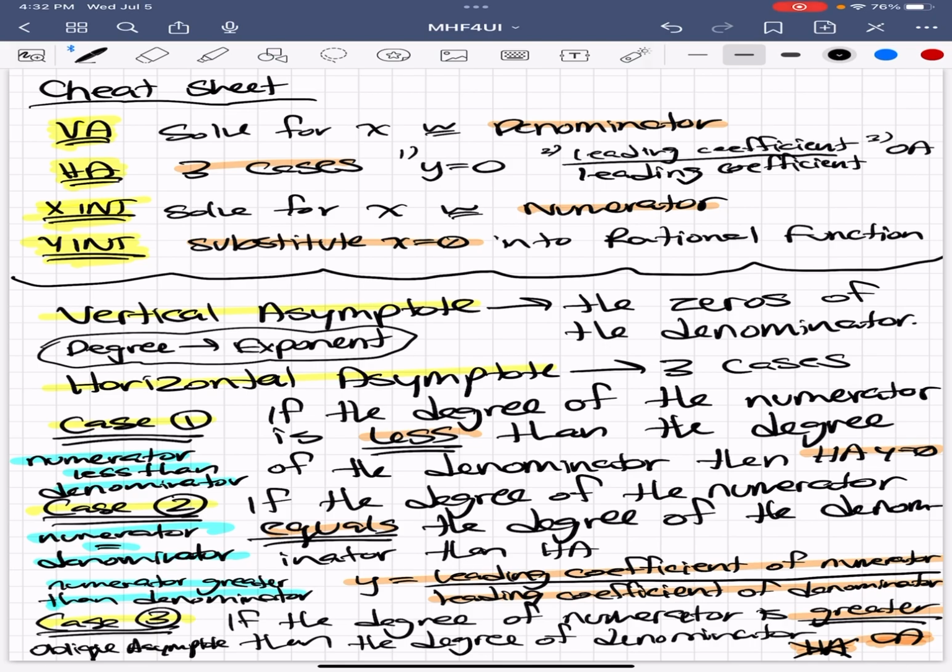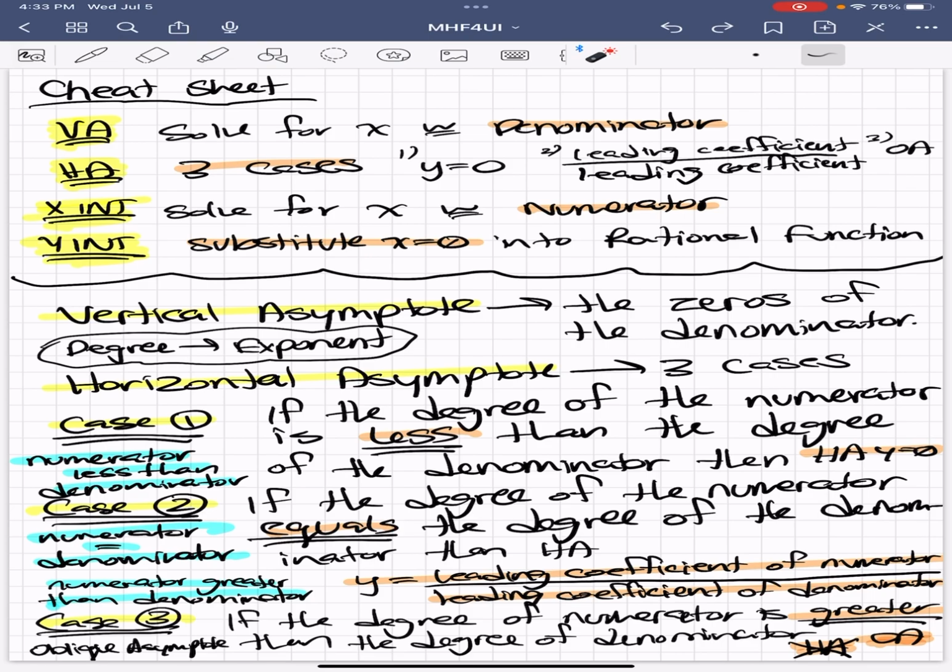With horizontal asymptotes, there are three cases: y equals 0, the leading coefficient of the numerator over the leading coefficient of the denominator, or the oblique asymptote. For the x-intercept, we solve for x with the numerator. And for the y-intercept, you substitute x equals 0 into the rational function.